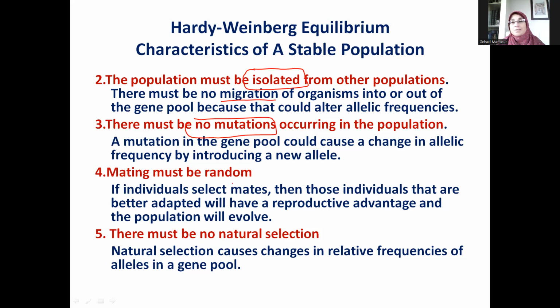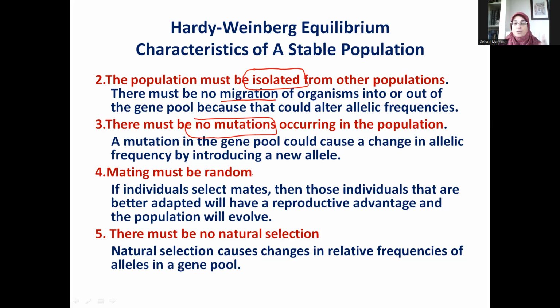Of course, these seem to be impossible conditions because, of course, a mutation will cause a change in allele frequency. And you might be asking yourself, if the conditions are that impossible, why is the Hardy-Weinberg equilibrium and equation so famous? Just because they help us calculate frequencies of alleles in an evolving population.